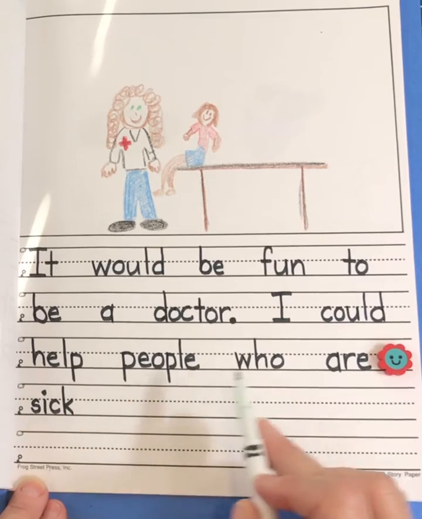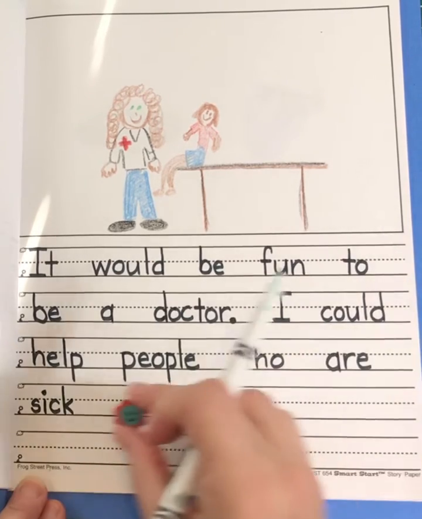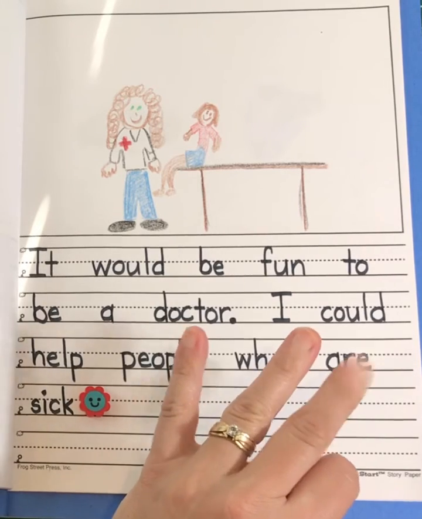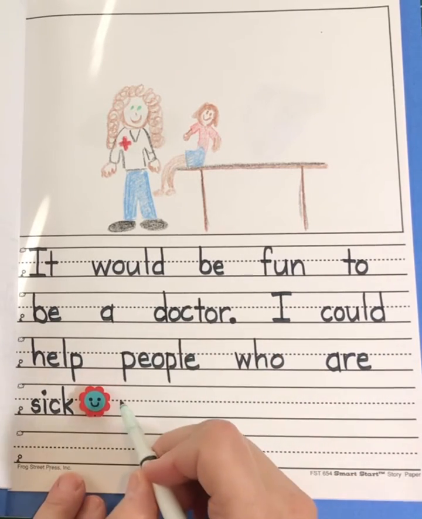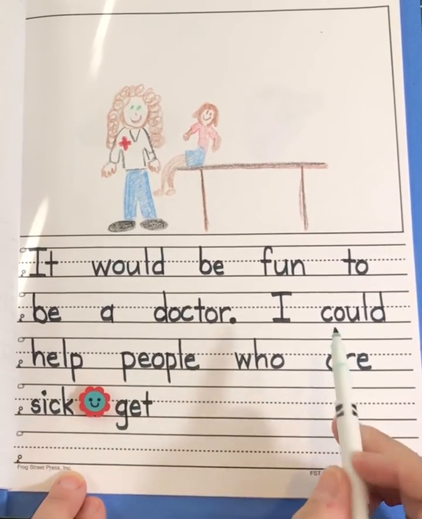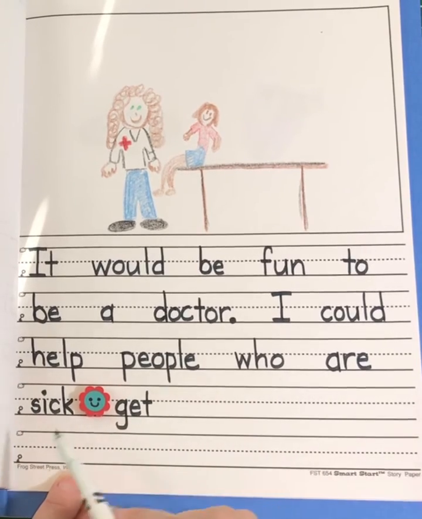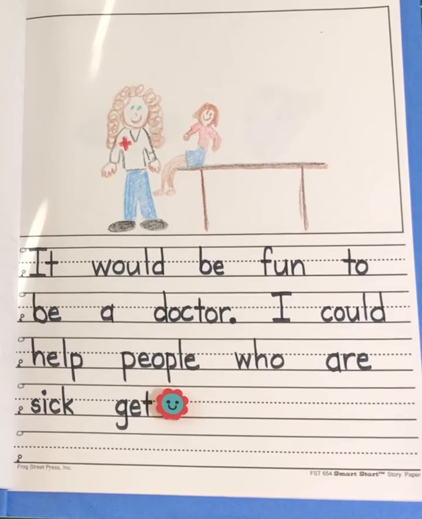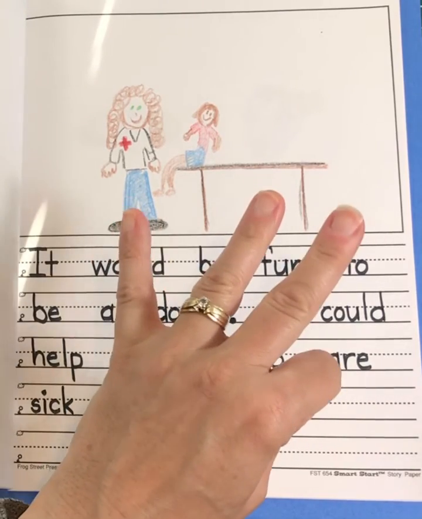I could help people who are sick get. Very good. Get. G-et. So after my space, I'll write the word get. I could help people who are sick get well. Very good. Let's do the sounds in well. W-e-ol.